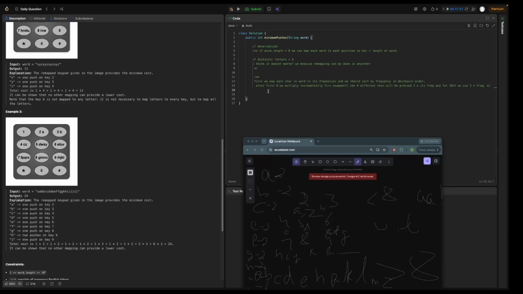Okay, so first, what's the good way to map each word to its frequency? What kind of array should I create?